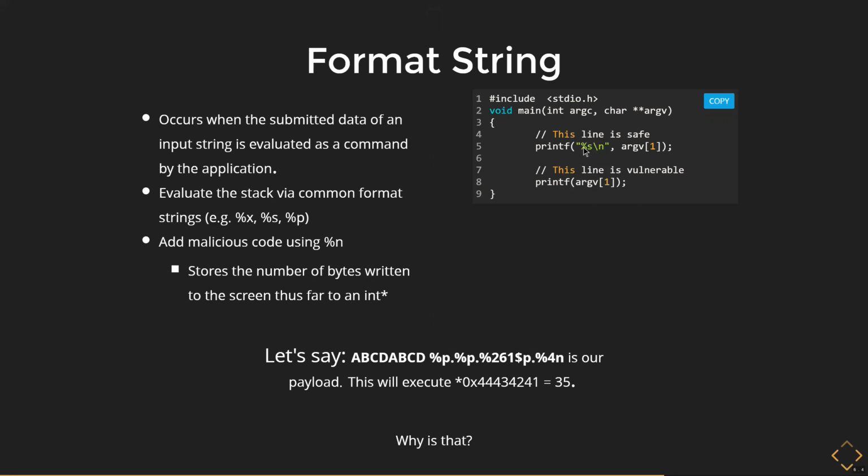So like how we said, we had these format specifiers. So you could put in format specifiers, and this tries to read the next parameter and assume that it's an argument to printf like this one.